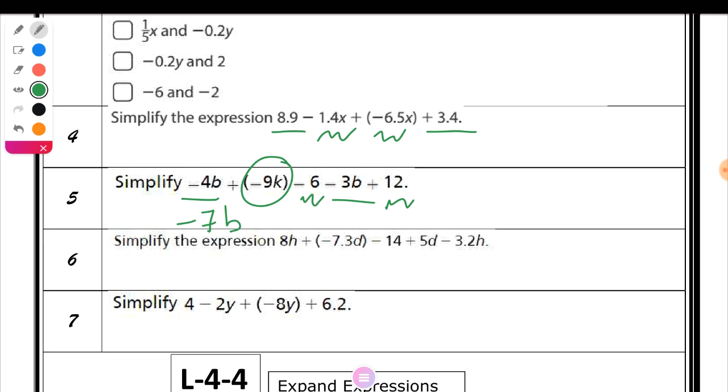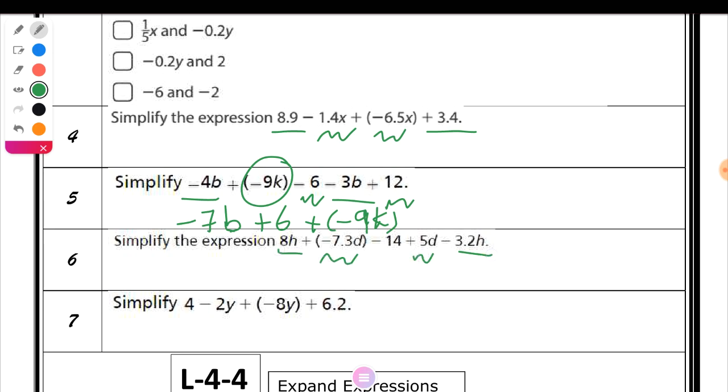Then negative 6 plus 12, sign of big and subtract, so it's plus 6. And at the end, plus negative 9, because it doesn't have a like term, so it's separated. Next, again, like terms with like terms.